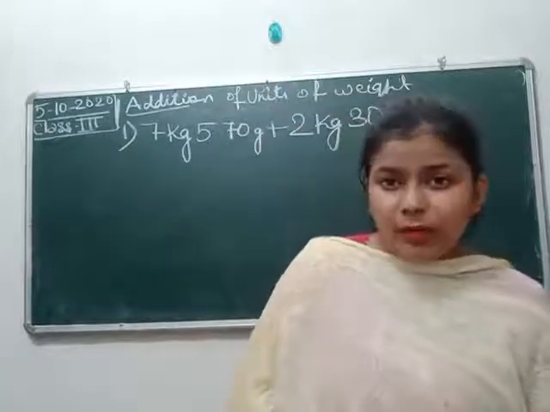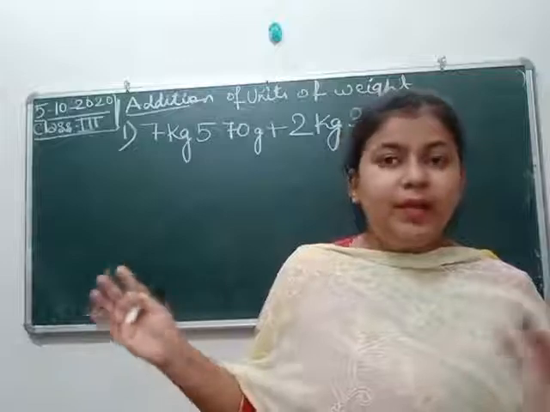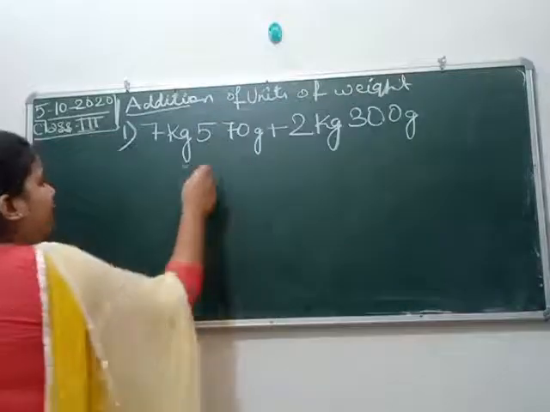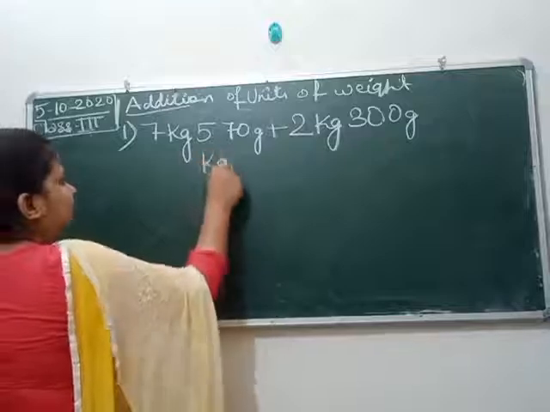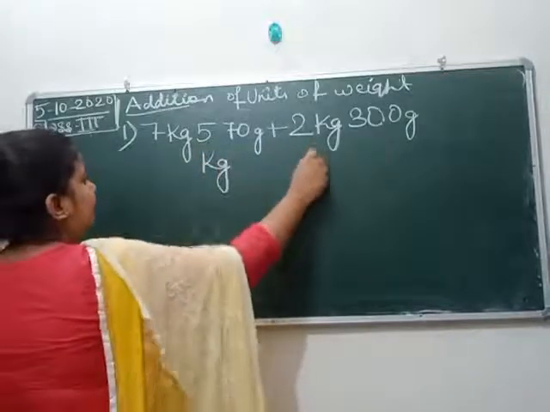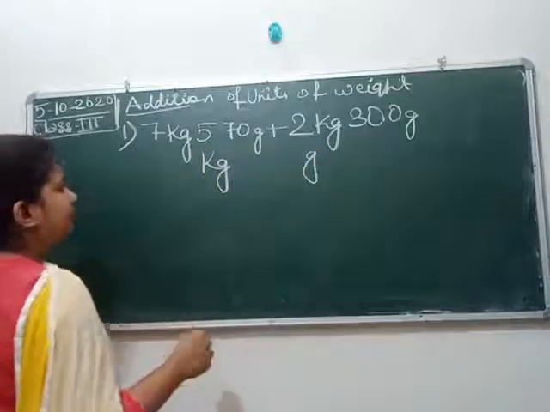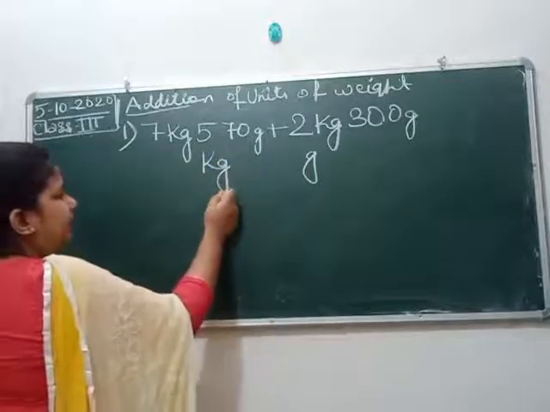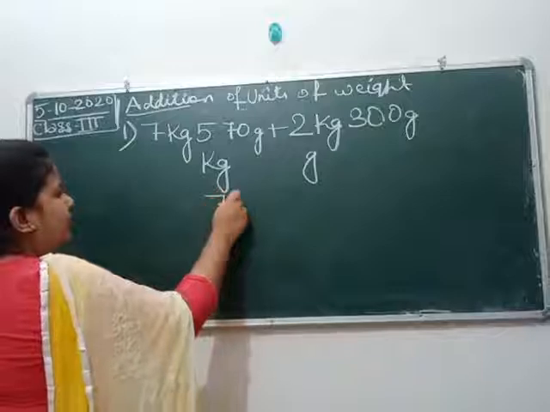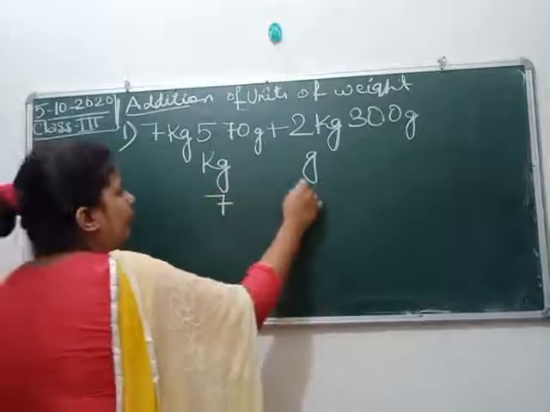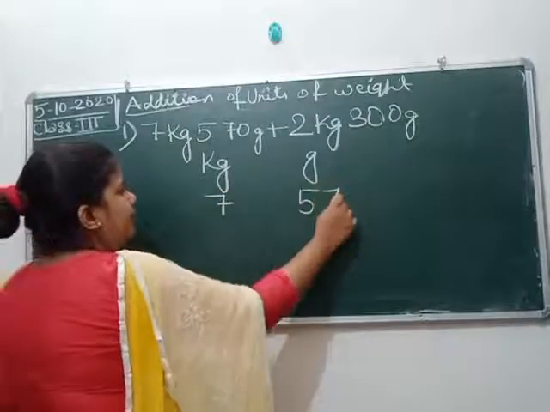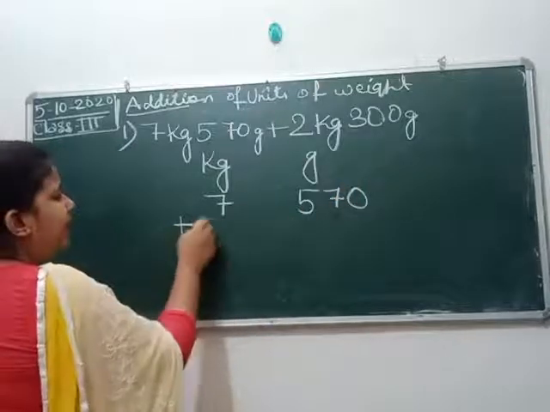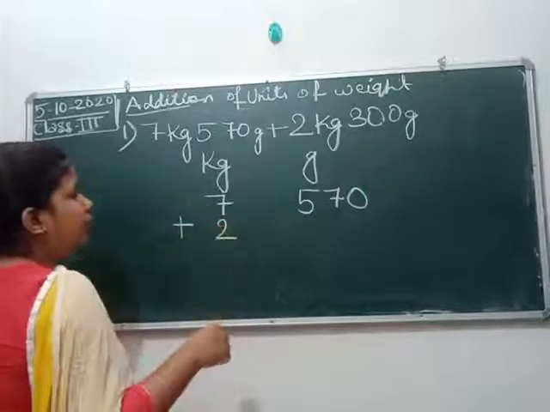Now, what will we do? First of all, we will make two headings, one for kg and the other for gram. Let us make kg and, at a distance, gram. Now, 7 kg 570 gram.